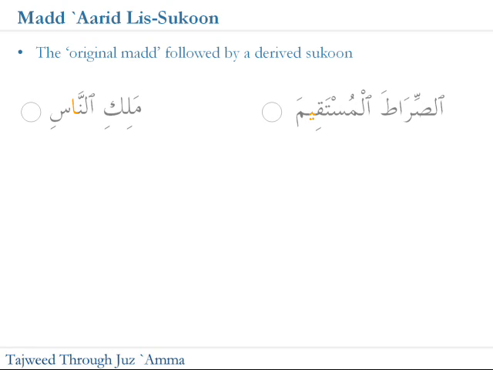So if you have an original mad which is followed by a letter which is acting as a derived sukoon, you have the option of reciting the original mad as 2, 4 or 6 long. And this will happen when you stop at the end of a sentence marker, or you pause in the middle of a sentence, in which case it acts as if there's an end of sentence marker.